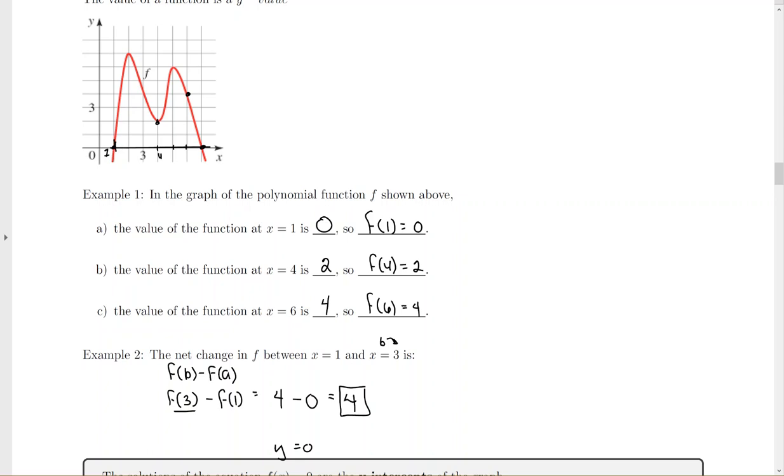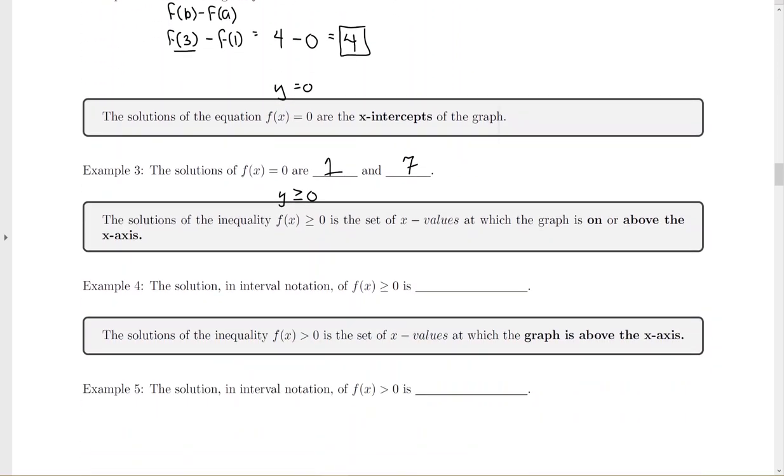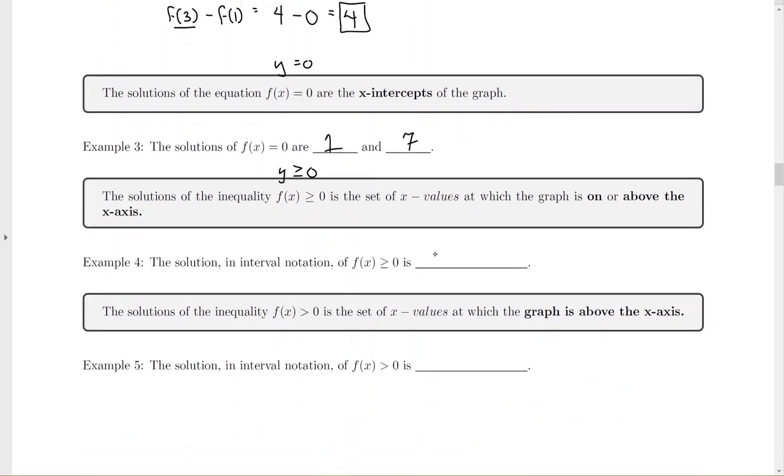So when I give an answer, I'm giving it in interval notation. Where does it start and where does it stop on the x-axis? So it starts at x equals 1, and it stops at x equals 7. And because there's an equals on the inequality, equals, remember, means brackets on our answer.